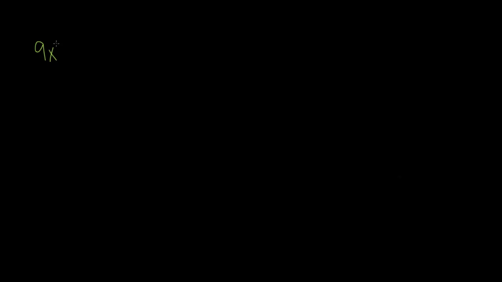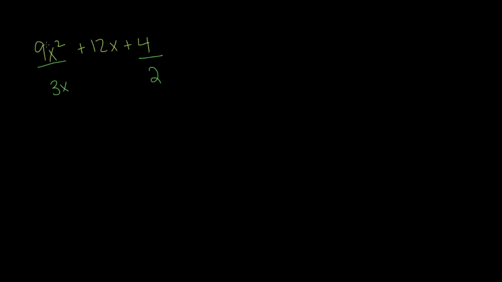So 9x squared plus 12x plus 4. So over here you can see that our first term, 9x squared, and our last term, 4, both of them are perfect squares. The square root of 9x squared is just 3x, and the square root of 4 is 2.